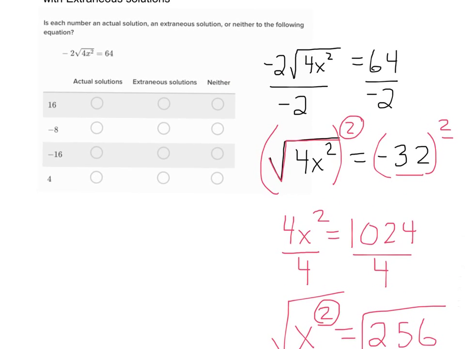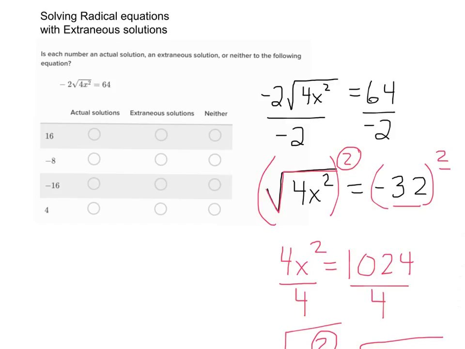Now let's go back up and look at each one of these. It looks to me like 16 and negative 16 I need to bubble in as either actual solutions or extraneous solutions. But negative 8 seems to be a neither, and 4 seems to be neither, but we need to check them.